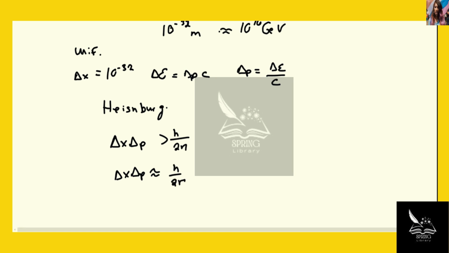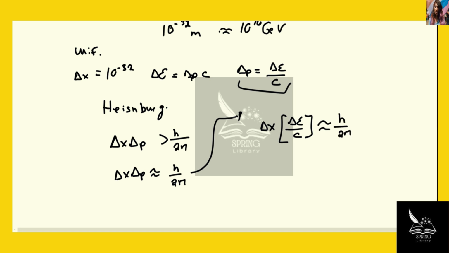Okay. And here, we're going to plug this in. So we have delta X, delta E over C, equivalent to Planck's constant over 2 pi.